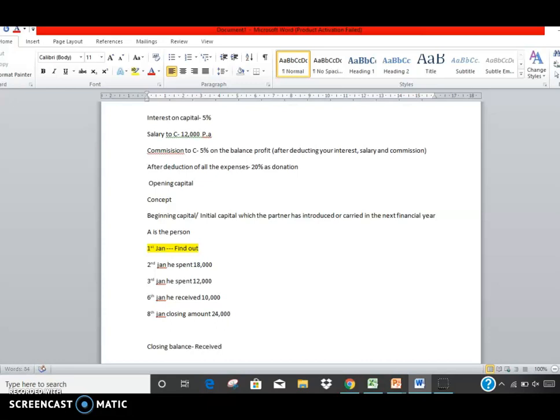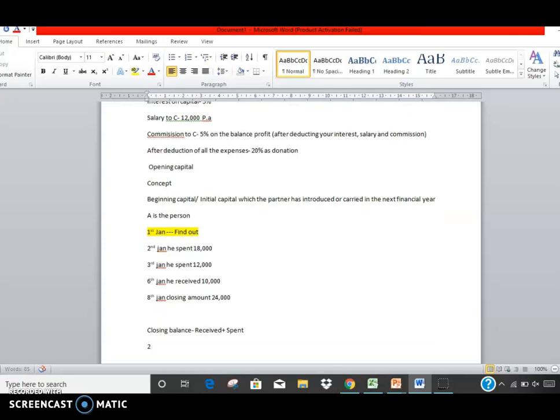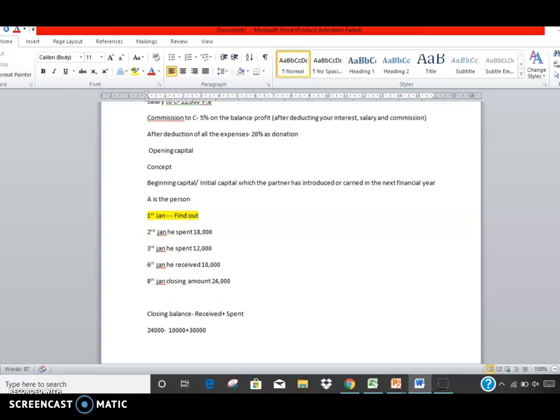And you will add whatever amount he had spent, because this amount he had earlier. So you will say 24,000 minus how much had he received? 10,000 plus how much had he spent? 18 plus 12, 30,000. So by logic, how much will this be? 30 plus 24, 54, 54 minus 10, 44,000 was this.